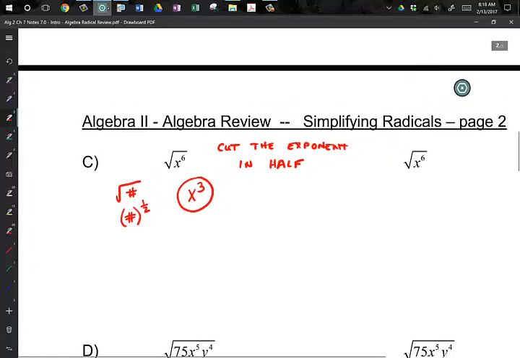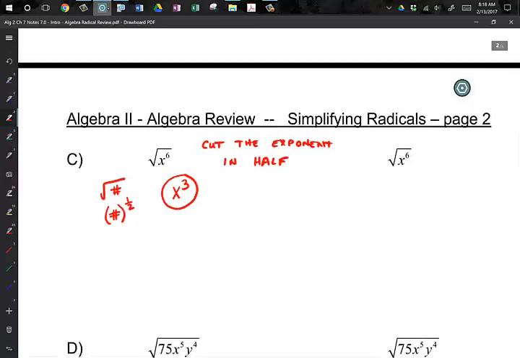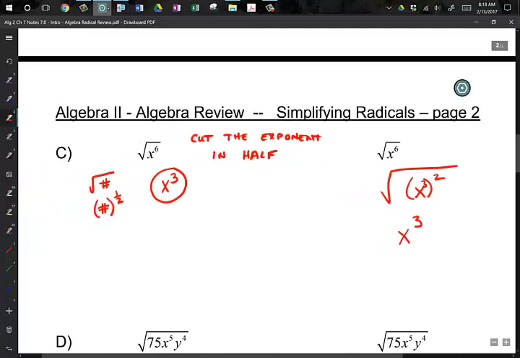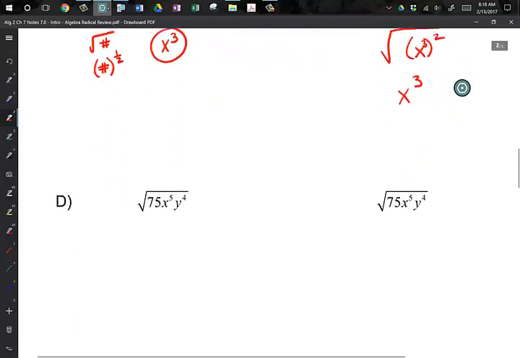And that's the why behind it that we really didn't learn in Algebra 1. Over here, you could obviously realize that this is the square root of x cubed squared, which is also x cubed. So if you can just remember, cut the exponent in half when it's even. That really helps you. When it's odd, we're going to have to deal with it in a little bit different way. And that's what I have on example D down below.